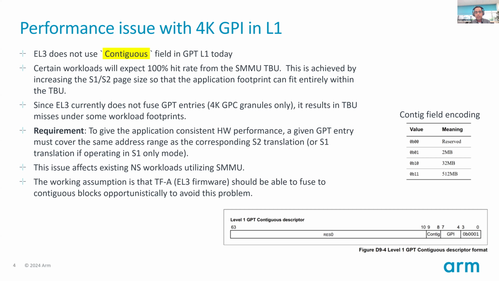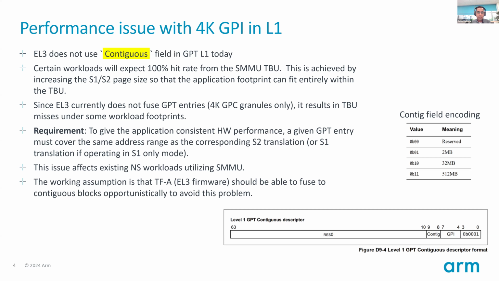The stage 1 and stage 2 page size can be either 2 MB or 1 GB depending on the mapping at stage 1 or stage 2. Since EL3 does not create GPT entries in these block sizes and maps them as granules, it results in TBU misses under some workload footprints, and a performance degradation is observed.